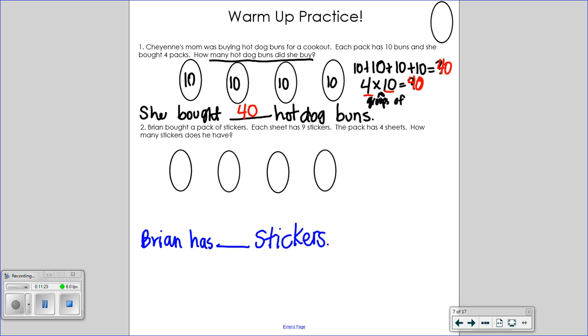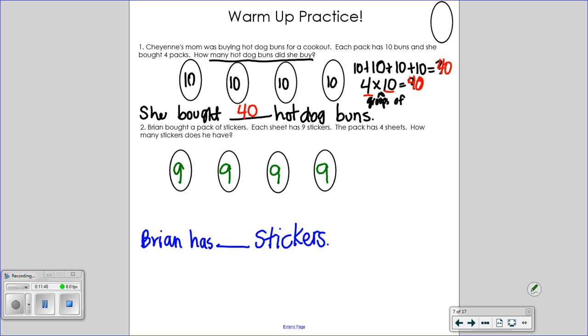What's on each sheet, Dylan? 9 stickers. Do you want to do 9 dots or just the number 9? 9. All right. So we're doing 9 stickers. So we got our 4 sheets, our 9 stickers on each sheet.